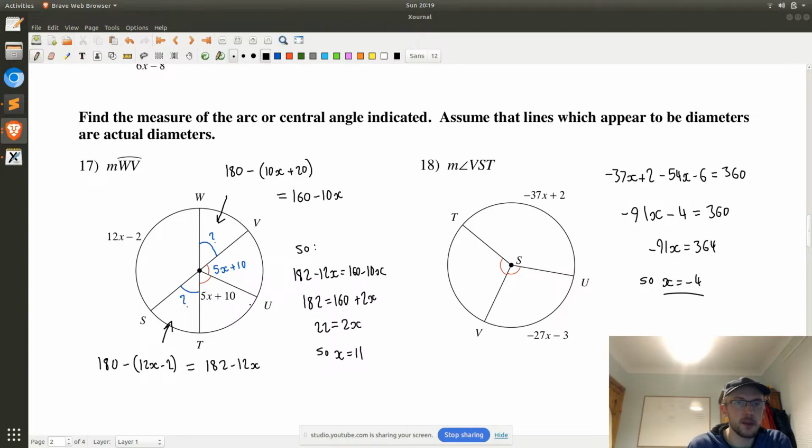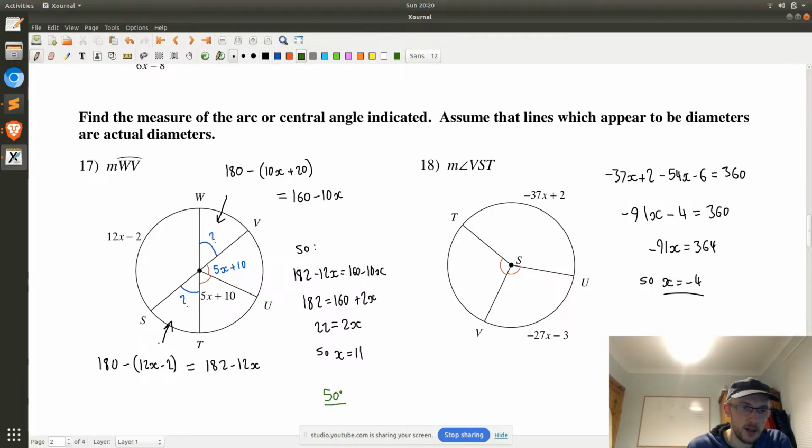All right, fine. Okay, very quickly now. Find the measure of arc WV. So that's one. Okay, so 110 plus 20 is 130, and take that from 180, and we should get 50.